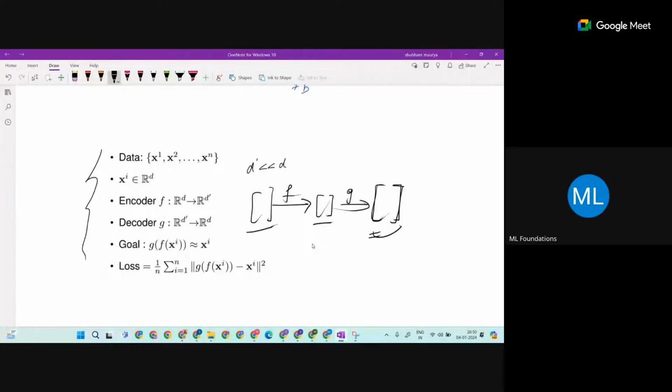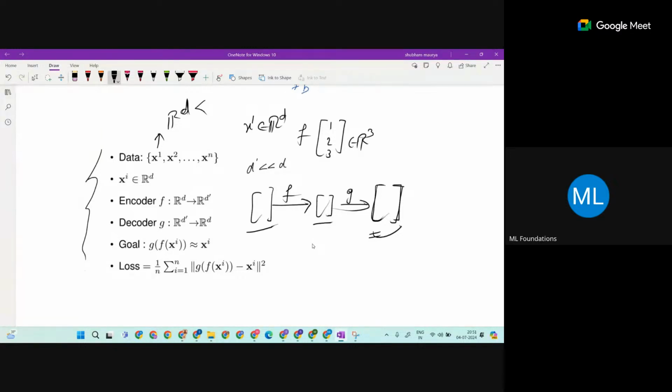So here the important thing is the encoder and decoder. What is an encoder? You have some set of data, maybe of dimension d, and you reduce that data to a lesser dimension. Let's say this is one vector from d dimension, say (1, 2, 3), which is from R3.